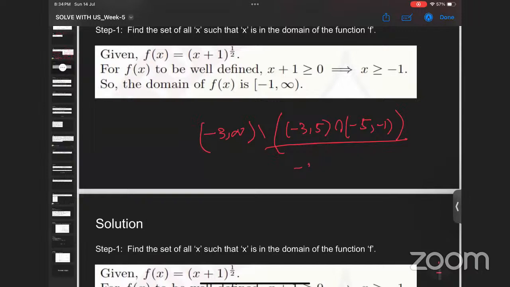We know that minus 5 is less than minus 3, which is less than minus 1, which is less than 5. So the intersection domain will be the open interval minus 3 to minus 1, because minus 3 is not in it and minus 1 is not in the domain. If we now subtract this, it will clearly be minus 1 to infinity, right?